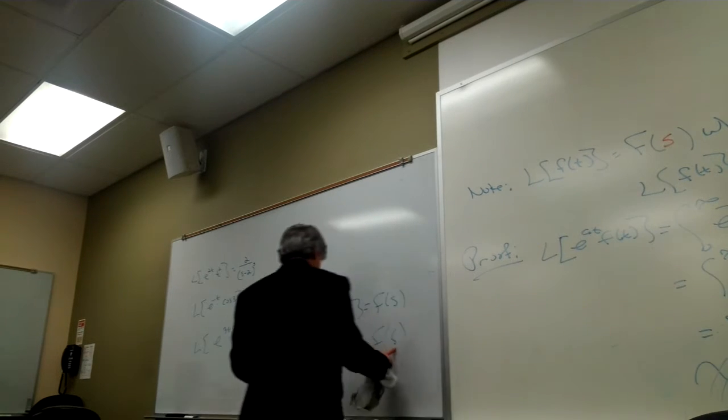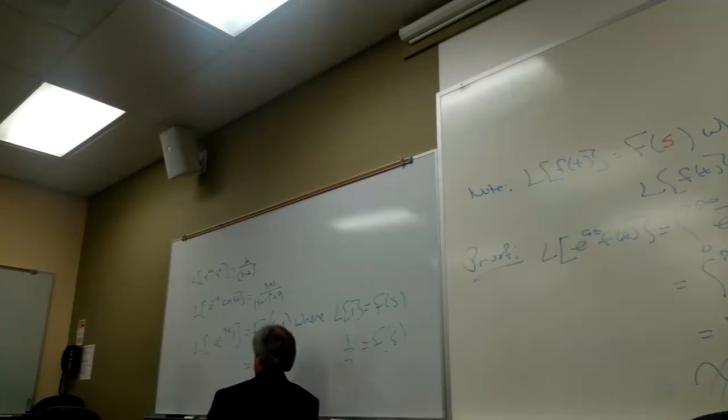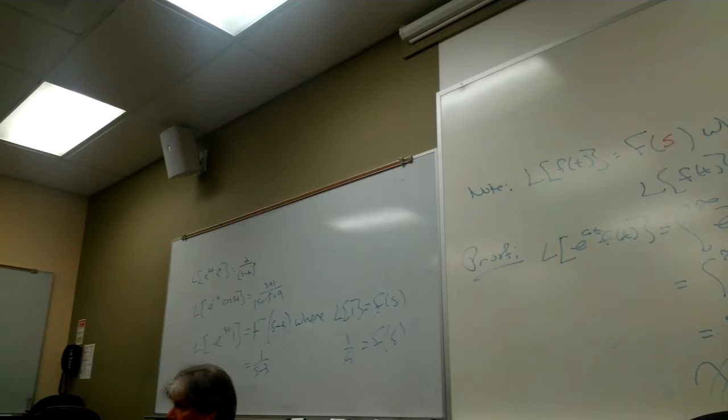So I think I'm taking this big F function in terms of s, and I'm replacing the input s with s minus 3. There's no multiplication. It's functional composition. So you're just substituting in the s minus 3 for the s. You're substituting the Laplace of one thing into the form of the other Laplace.